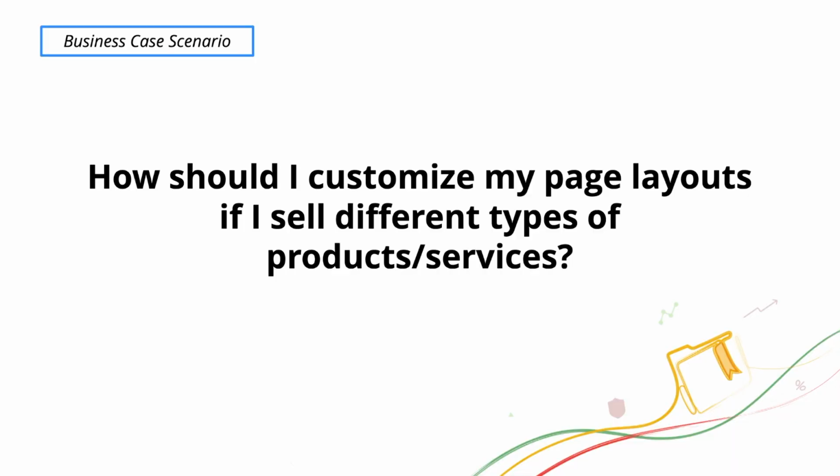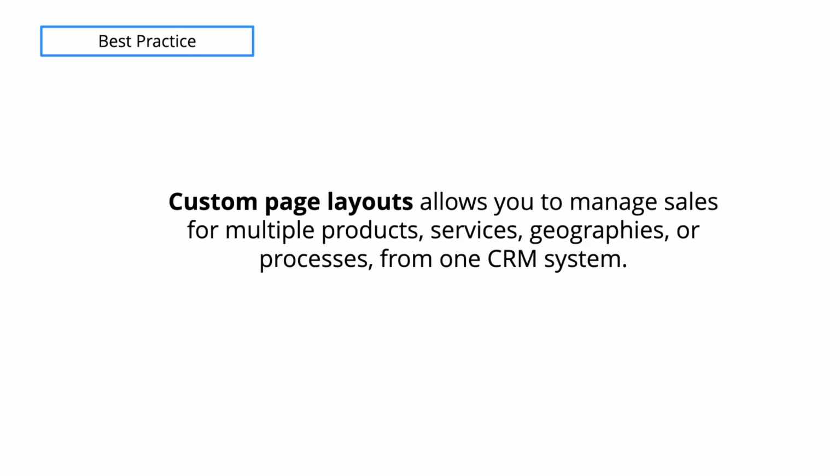So another common question we get is, what if I sell different products or services, or I've got different departments that are using the records for different day-to-day processes? We have what's called custom page layouts that'll allow you to customize each and every record or module so that you can properly put in the custom fields relevant to your business.